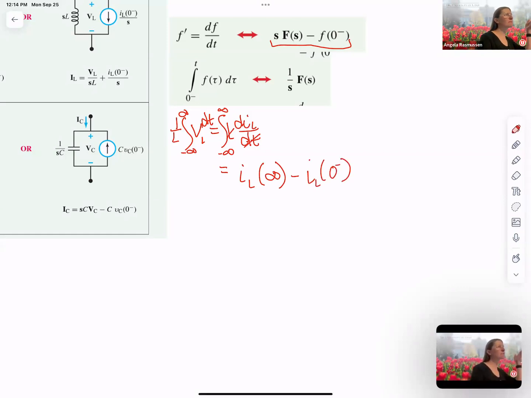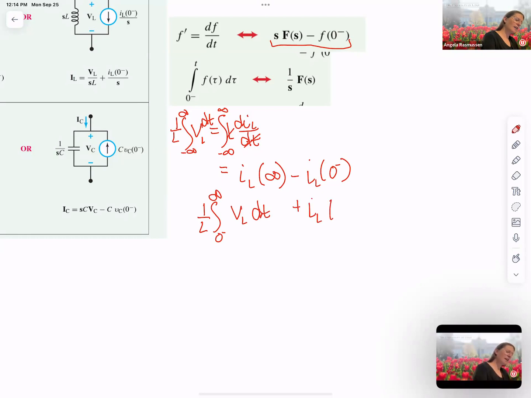So we call it 0 minus. So I can do 1 over L, integral from 0 minus of VL dt, and then add on the IL at 0 minus.